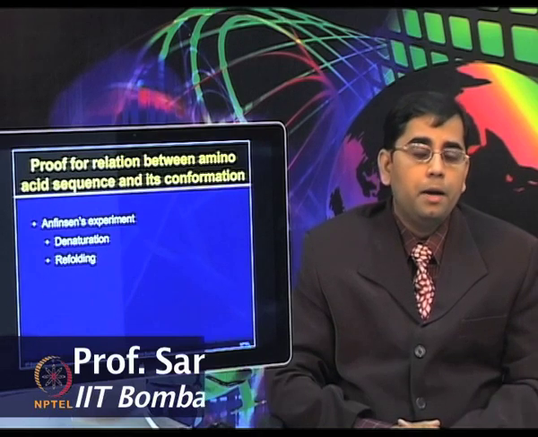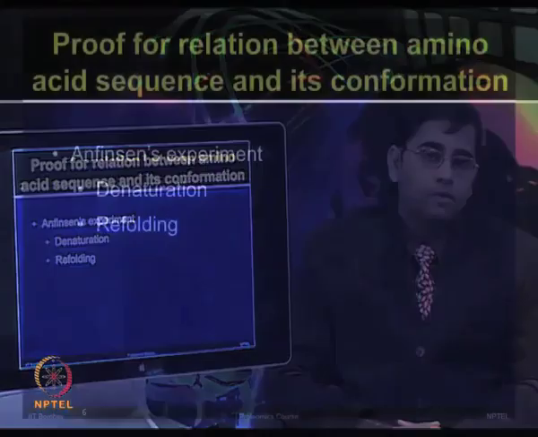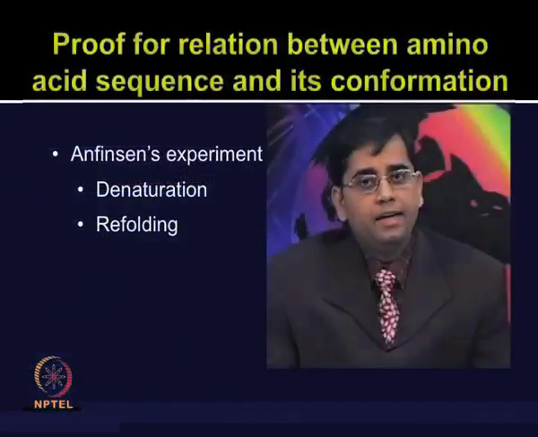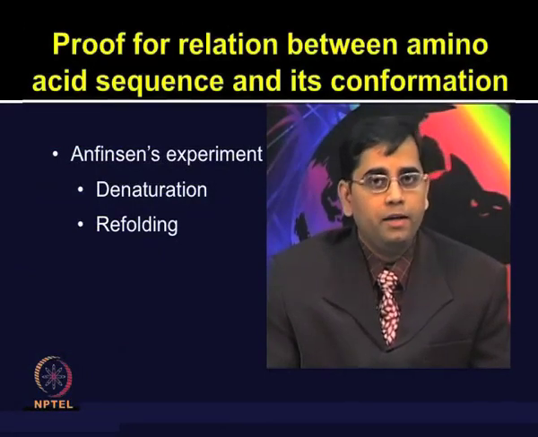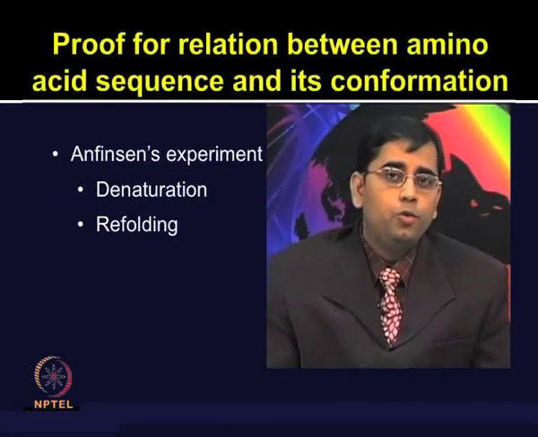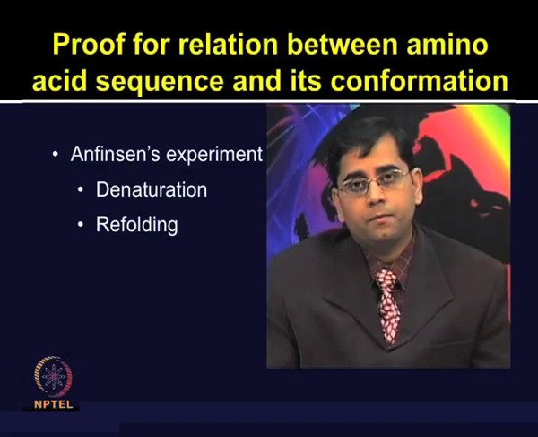To establish the proof for the relationship between amino acid sequence and its conformation, Christian Anfinsen in the 1950s performed an experiment where he performed two steps, denaturing and refolding.